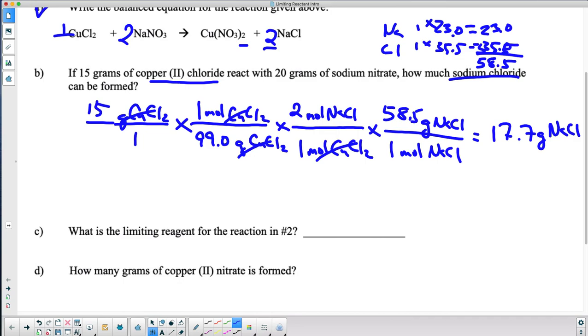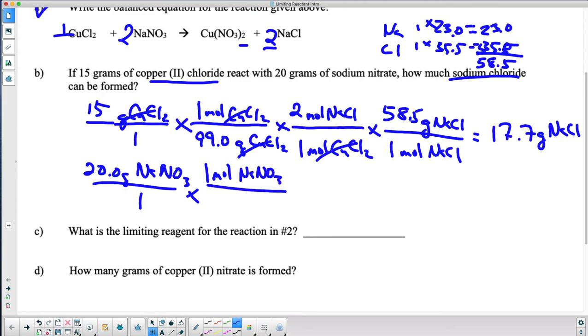I get rid of this, and I do the same thing, except this time it's going to be easier because I'm going to go from sodium nitrate, which is 20 grams of sodium nitrate over 1 mole of sodium nitrate. I've already done the end of this already.